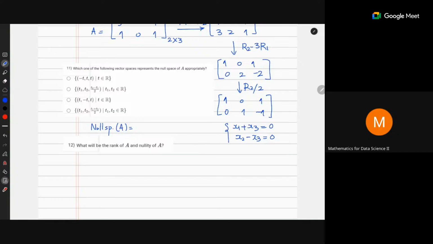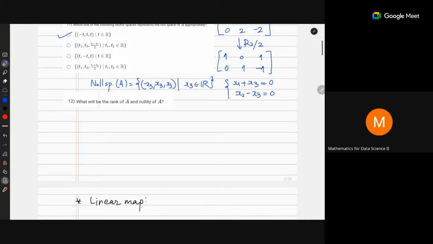From this, we know that x1 and x2 both are dependent on x3, and if I express that, it will be (minus x3, x3, x3), with x3 varying in R. So which option is correct? The first one is correct.